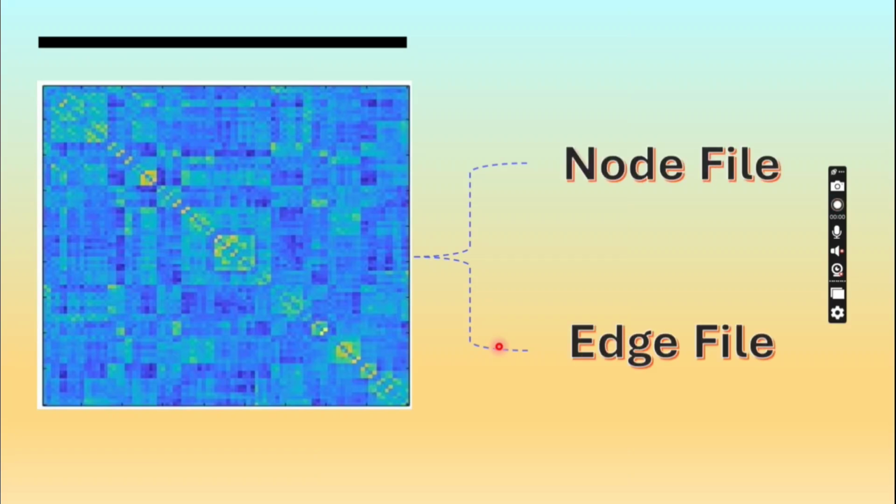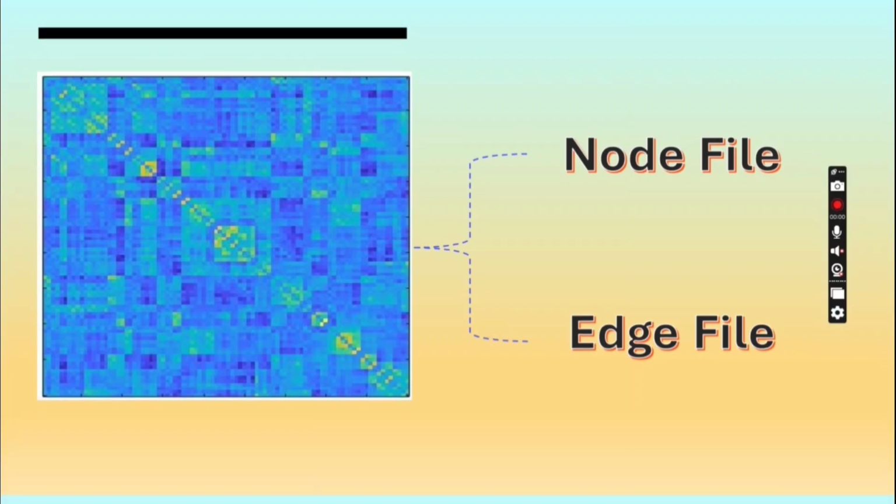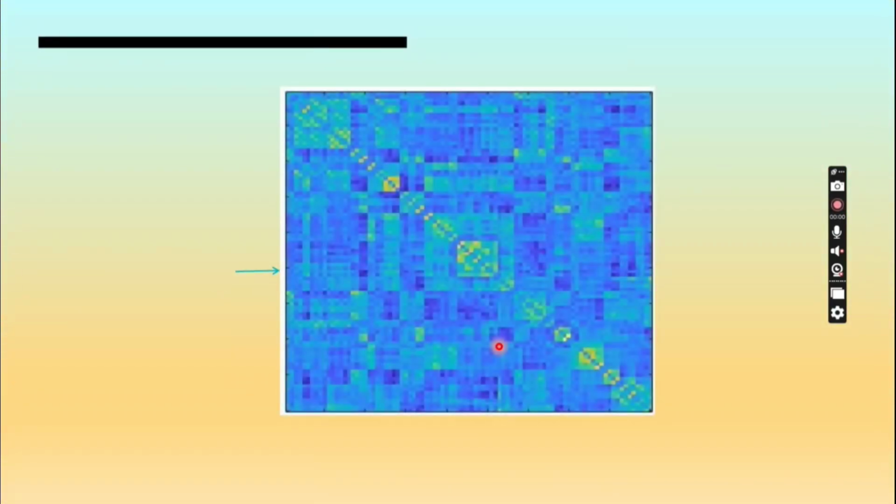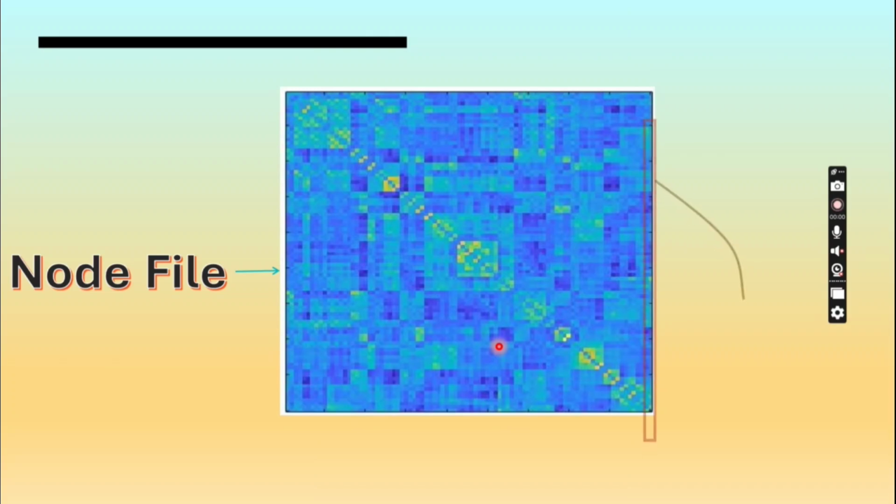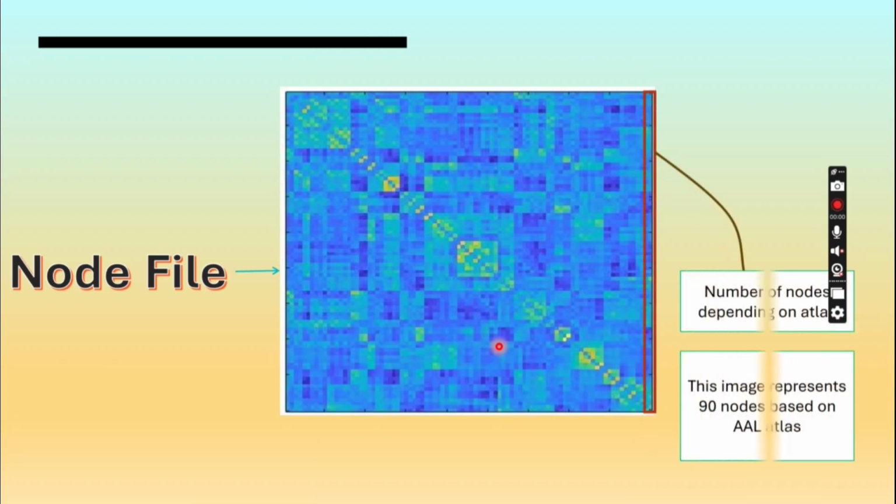First of all, we need a node file, and the second thing, we need an edge file. Let's discuss each individually. So what is a node file? Of course, the node file represents the nodes, which depend on the atlas by which you create the FC.